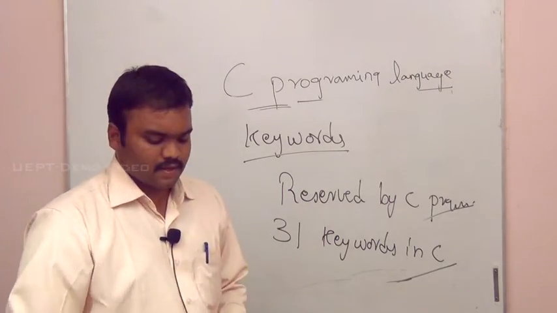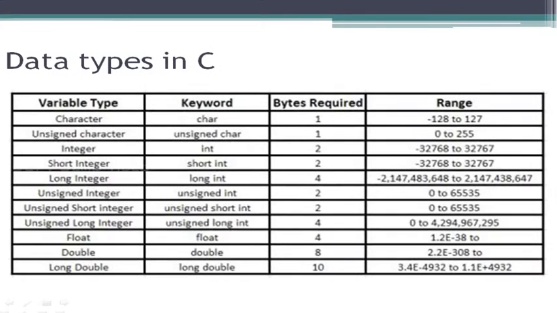And the next topic is data types. So these are the primary data types. The data types are classified into three parts: numerical data types, float and character data types. In numerical data types, we have integer, which is classified again into signed short integer, unsigned short integer, signed integer, unsigned integer, signed long integer, unsigned long integer.